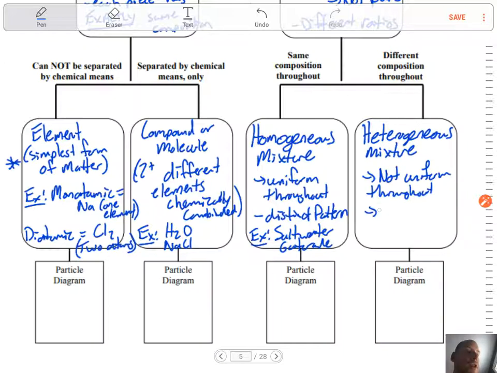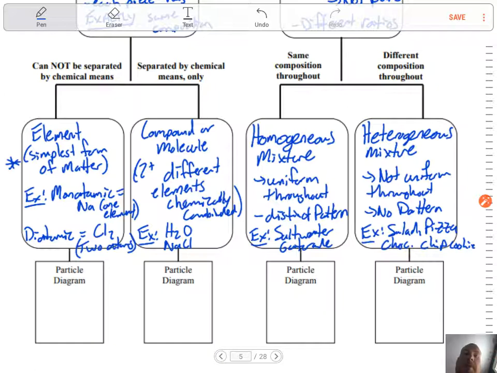Okay, there's no pattern. It's just kind of jumbled together in any way it wants to be. So an example for this would be something like salad. 1 minute you're going to get a crouton, the next you get lettuce or tomato or whatever. Pizza, pepperoni in one bite, more sauce, less sauce, more cheese, etc. And a chocolate chip cookie. I mean, the list could go on and on and on. Okay, the big key you want to ask yourself is, hey, if I bite into this substance, is it the same throughout or is it different?